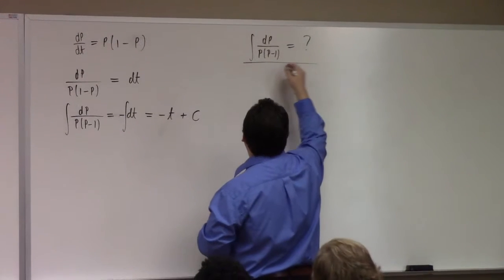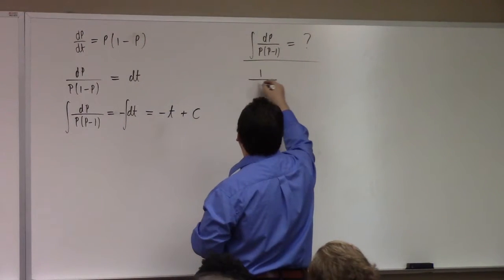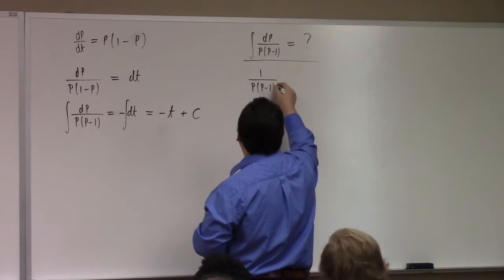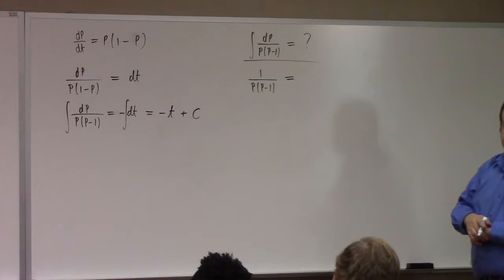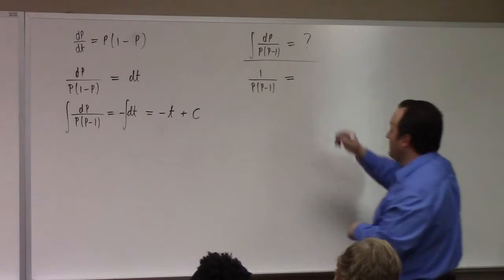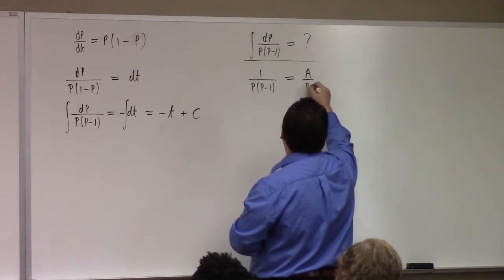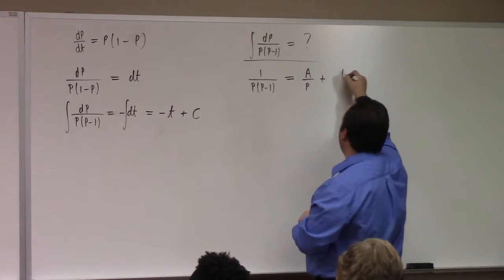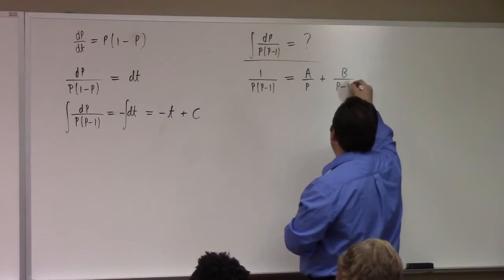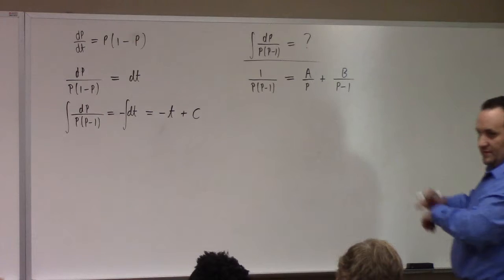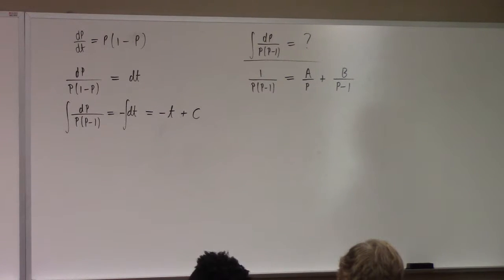So here's what we're going to do: 1 over p times p minus 1 equals, what's the partial fractions decomposition here? A over p, plus what? b over p minus 1. That's it, right there. That's the partial fractions decomposition.